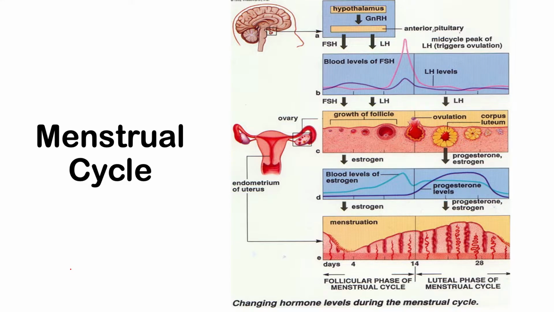This anterior pituitary now triggers the release of two important hormones that play a role in oogenesis, or in the menstrual cycle, or in gametogenesis, since they are important for both males and females. Those released from the anterior pituitary are your FSH, or follicle stimulating hormone, and your LH, which is your luteinizing hormone.